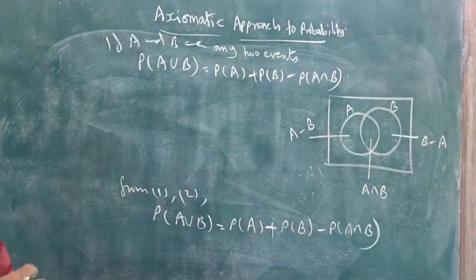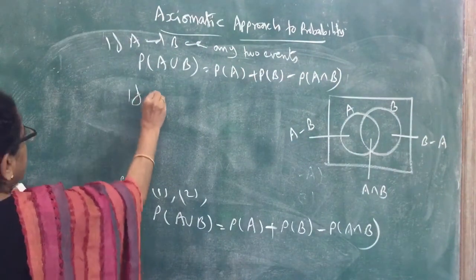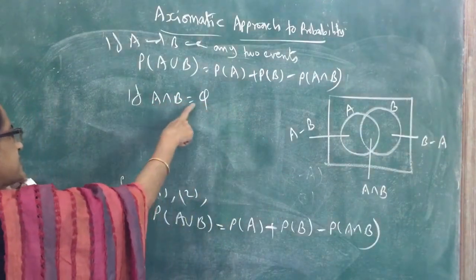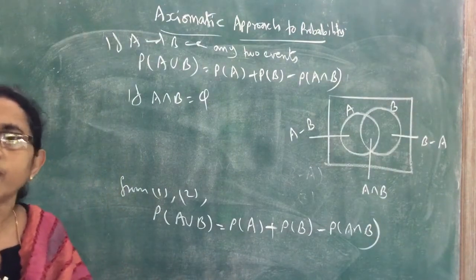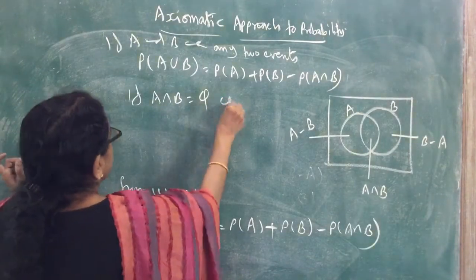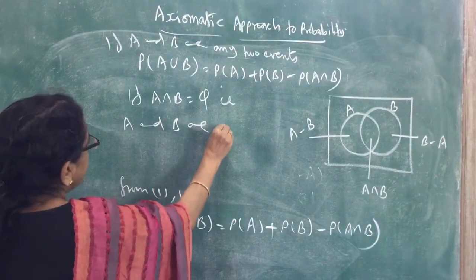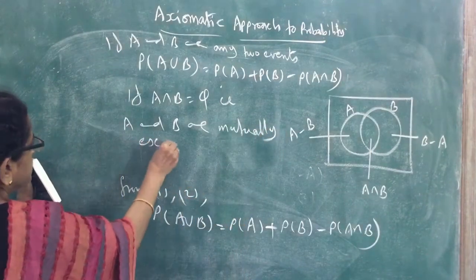Then from that we will consider one case. That means if A intersection B equal to null set, what happened? If A intersection B equal to null set, then in that case A and B are called mutually exclusive. That is, A and B are mutually exclusive.